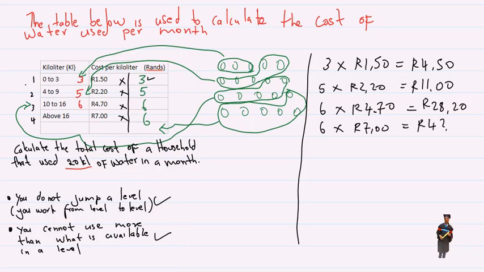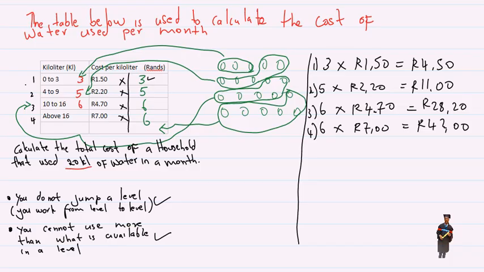Now I have the total cost of each level. Remember, this was level 1, level 2, level 3, level 4.